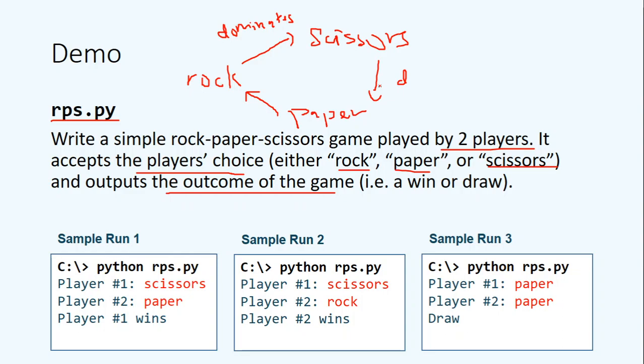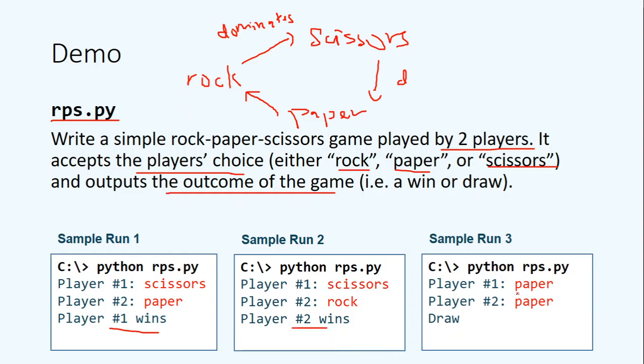So in sample run 1, because scissors dominates the paper, player 1 wins. This is the output after we check the inputs given by the user. And in the second run, if the first player chooses scissors while the second player chooses rock, rock dominates scissors, hence player 2 wins.